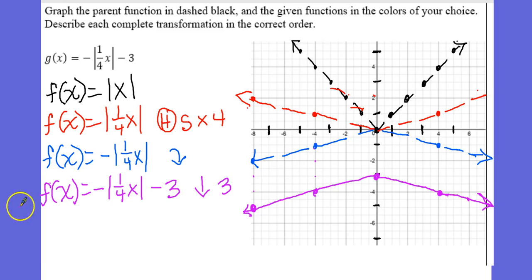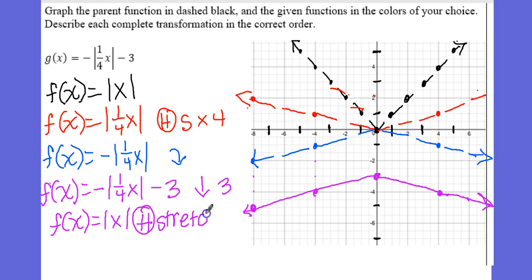Okay, so description, which is part of your quiz. We took f of x equals the absolute value of x, and we did what with it first? We horizontally stretched by a factor of 4.